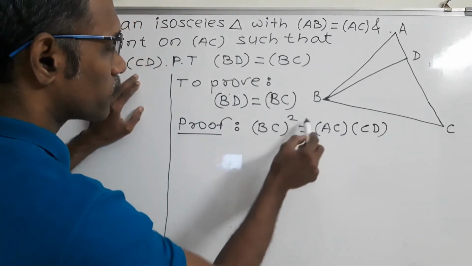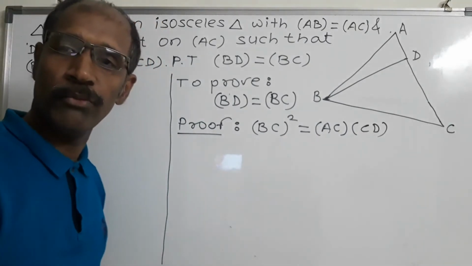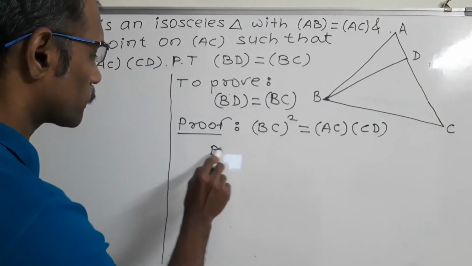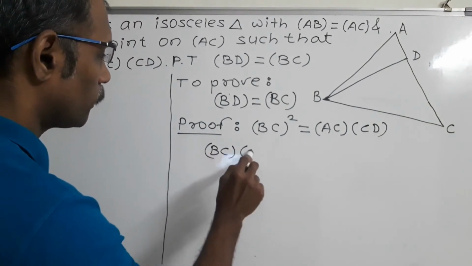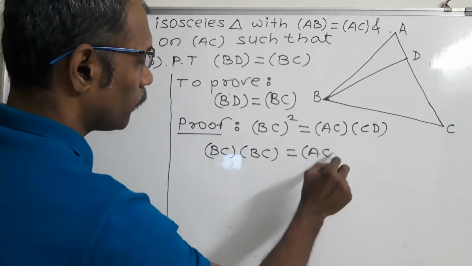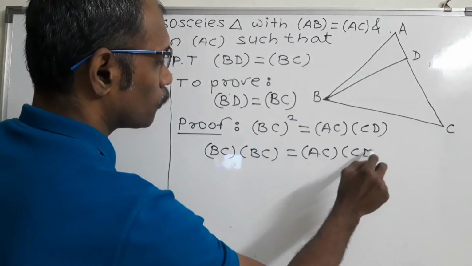Now we split this square, BC square, we write BC into BC is equal to AC into CD.